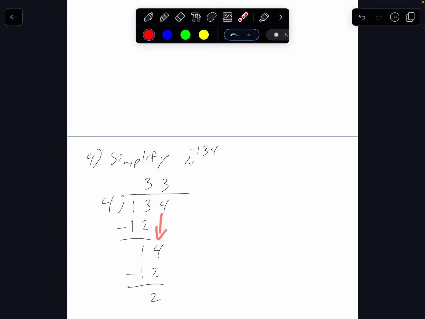Bring down the 4. Now 4 goes into 14 3 times. 3 times 4 gets us 12, and we'll subtract to get our remainder of 2, so that's 33 with a remainder of 2.